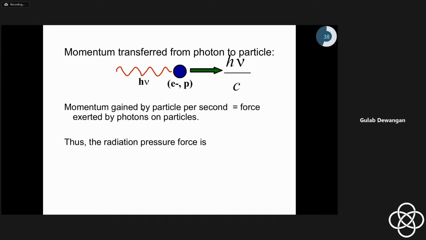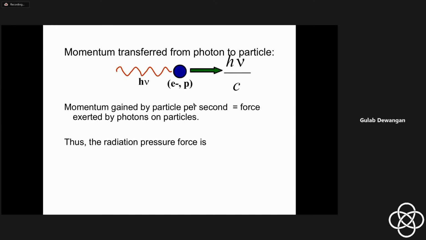The other thing is the momentum transferred from photons to particles. If a photon strikes this electron-proton pair, then the momentum transferred is h nu by c. Why am I writing an electron and proton pair? Because the Coulomb force binds these two particles.